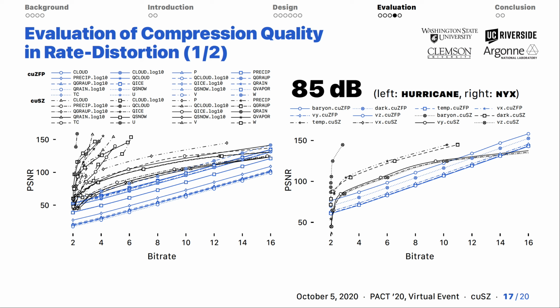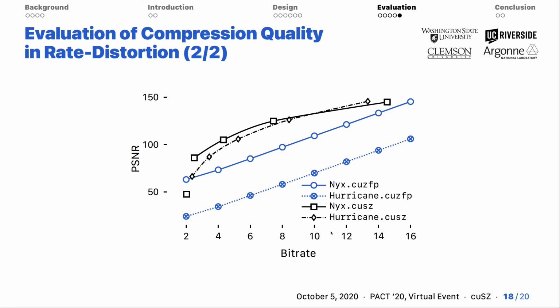We choose a relatively high compression rate-distortion at 85 decibels, and we show Hurricane and Nyx here. So in general, we can achieve higher data quality with the same bit rate if we look at this figure.